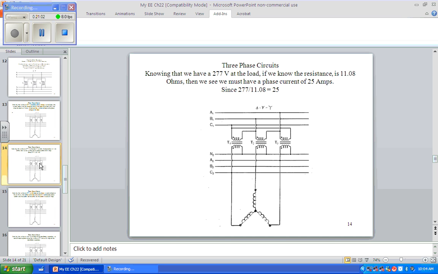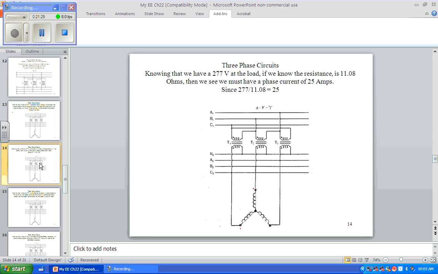Okay. 277 divided by 11.08, because if it's 480 across the line on a Y, we know the voltage across there is going to be 277. If we have 277 and 11.08 ohms of resistance, then we'll have 25 amps of current flow across each phase.